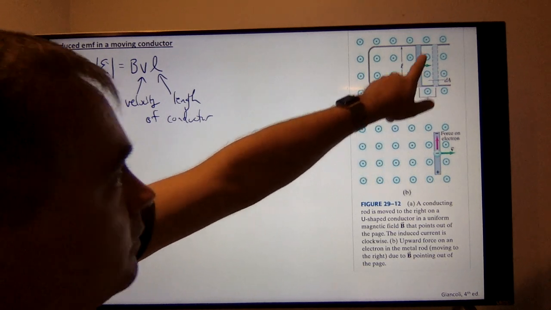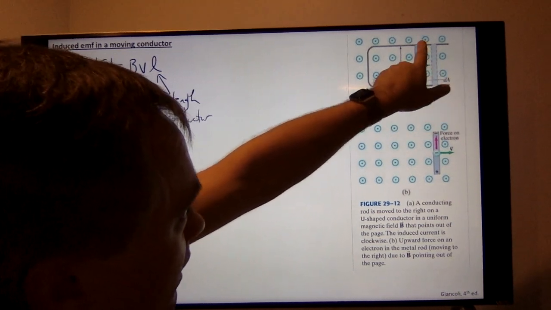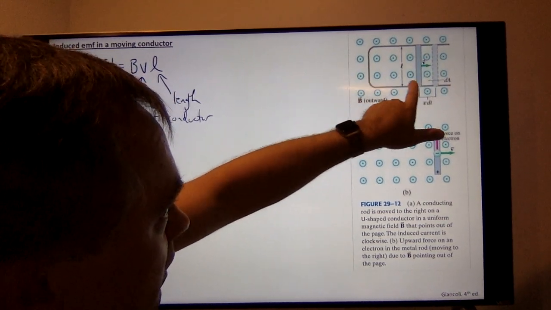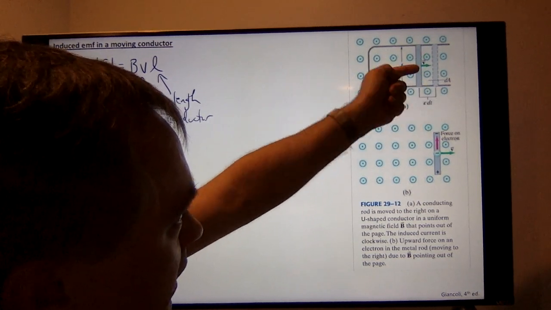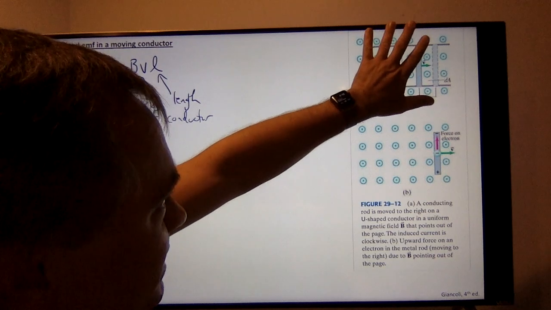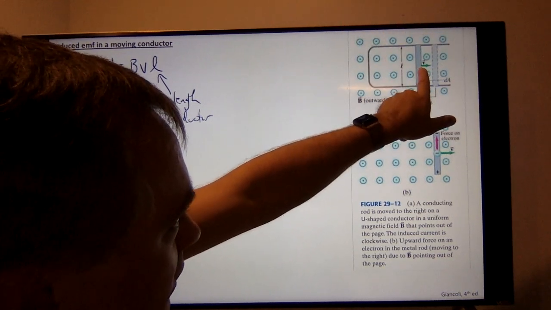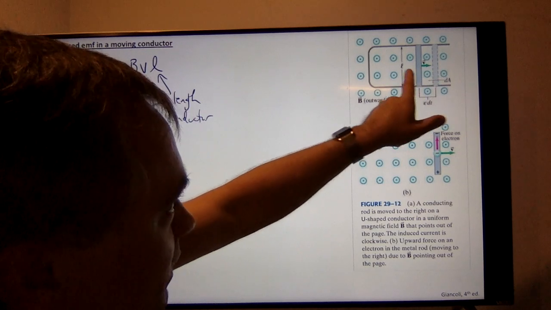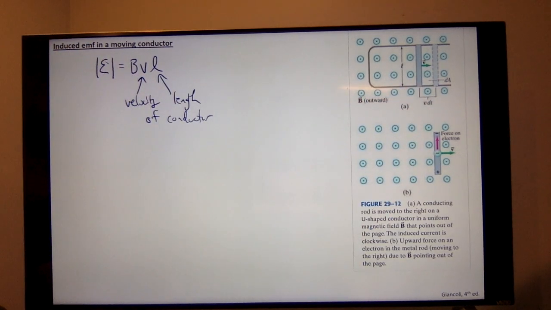Okay, and notice we're illustrating this two different ways over in the diagram to the right. In this case, we have a conductor that's moving to the right, and we've got it connected by a loop of wire. So you can see the length of the conductor here, and its velocity is to the right. It's sitting in a magnetic field that's pointing at you. So if the conductor is moving to the right, that means more of this magnetic field is getting through that particular loop.